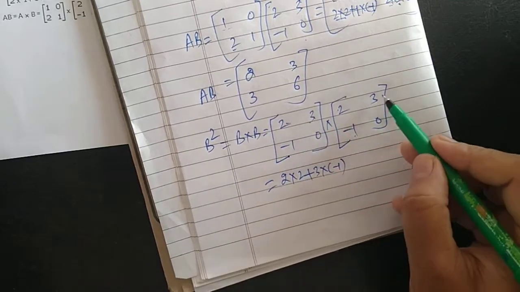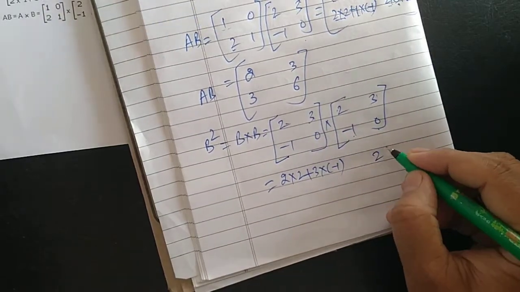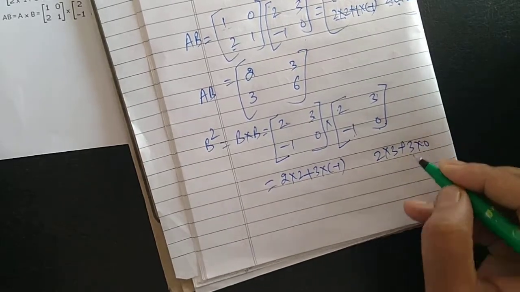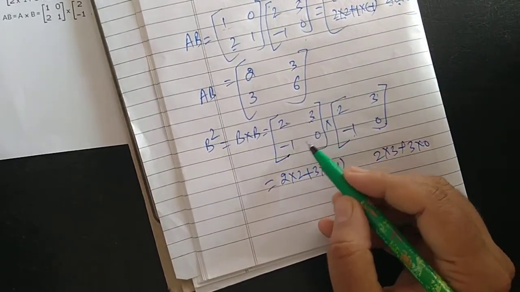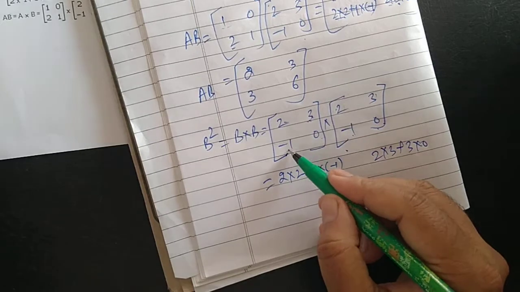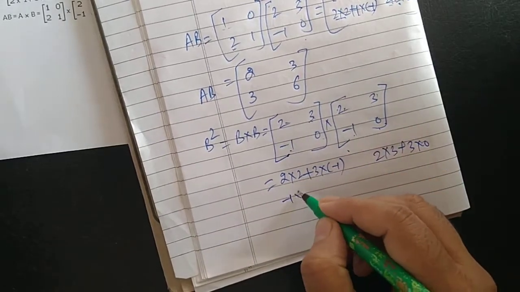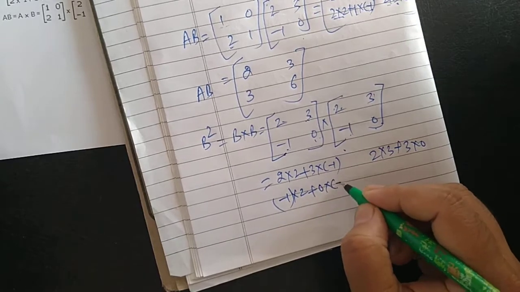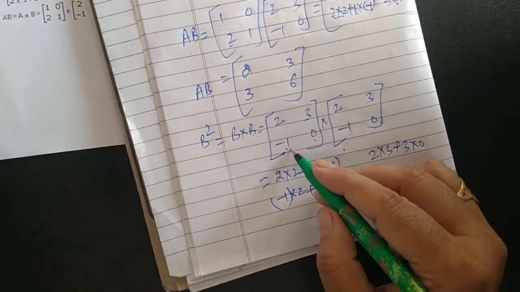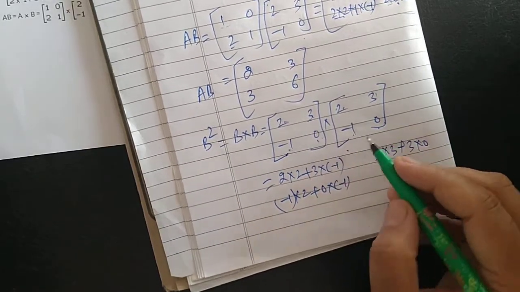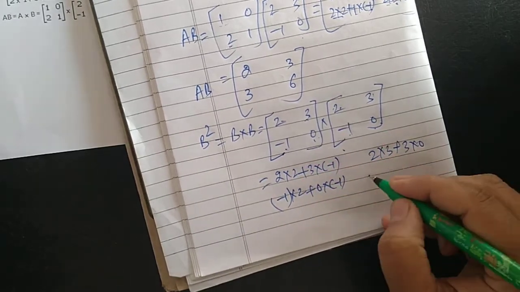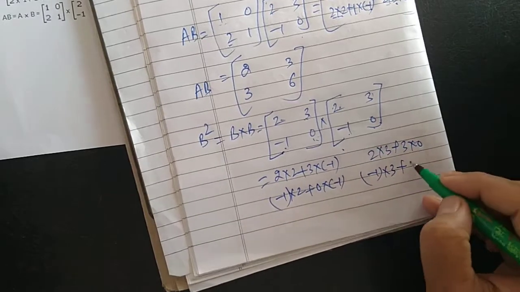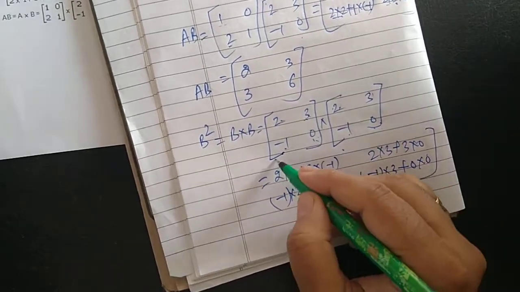Then first row second column, 2 multiply by 3, 3 multiply by 0. Next is second row with first column, minus 1 with 2 plus 0 multiply by minus 1. Then second row second column, minus 1 multiply by 3 plus 0 multiply by 0.